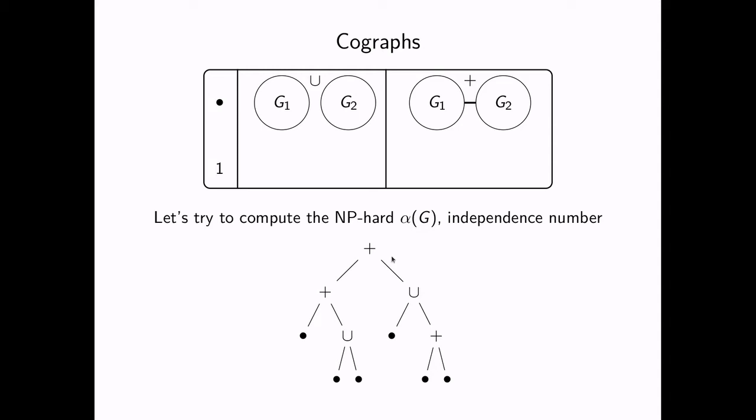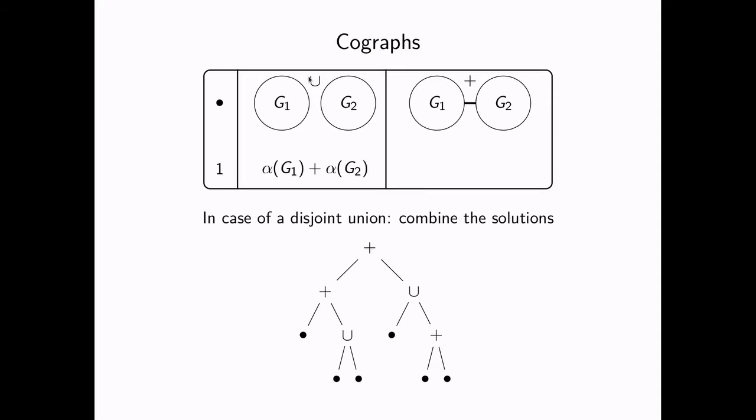So let's try with maximum independent set. So for a single vertex, the maximum independent set is 1. If you have the union, you make the sum of the sizes or the union of the solutions. And if you have a complete sum, you can only take your independent set in one part, so you take the maximum of the two.